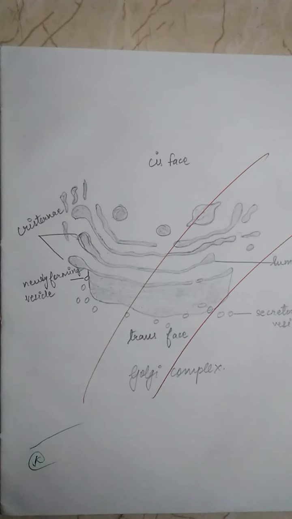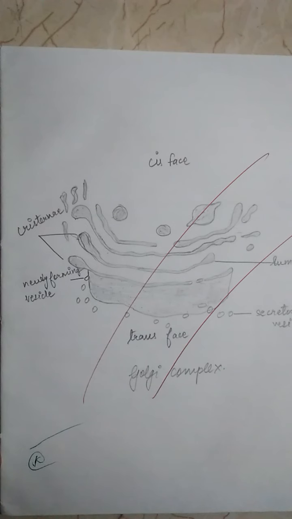In some cases, complex sugars may be made from simple sugars in the Golgi apparatus. The Golgi apparatus is also involved in the formation of lysosomes.